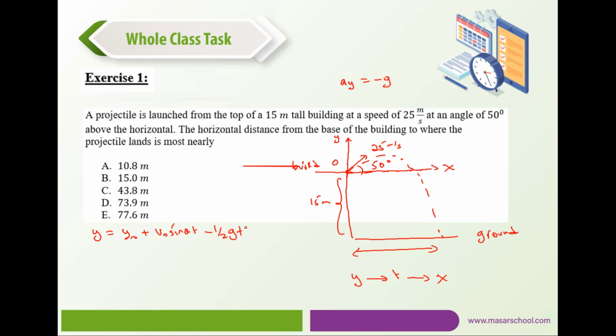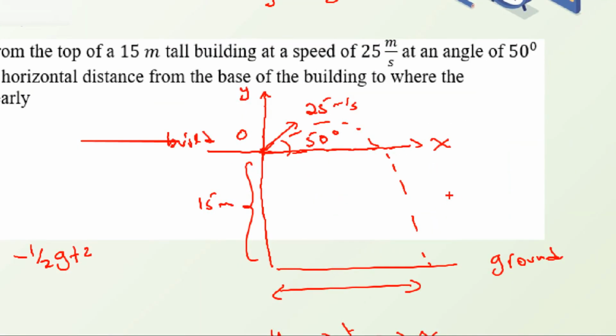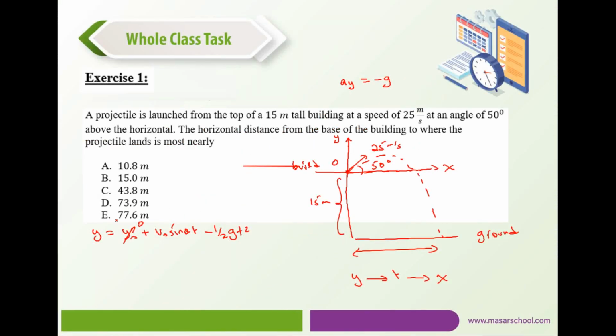The initial vertical position is 0, it coincides with the origin. We have the initial speed, we have the launching angle. Now what about the vertical position? Because we're interested in determining x at this point, we need to replace y by this value here. Notice that up is positive, down is negative, so y would be replaced by negative 15.